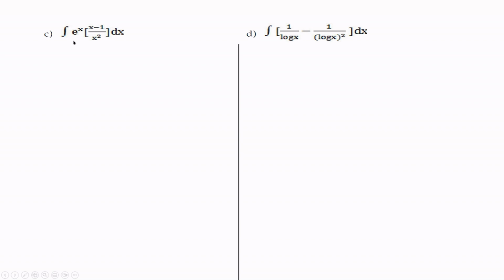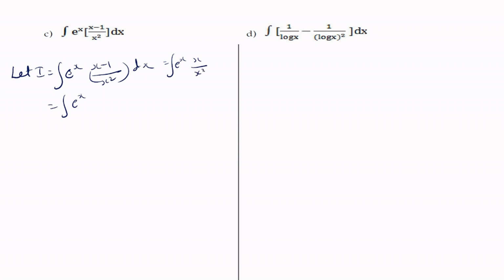Next question, integral e raised to x into x minus 1 upon x square dx. So here let us take I is equal to integral e raised to x into x minus 1 upon x square dx. So this is e raised to x into, here we have x by x square minus 1 by x square dx. So x by x square is 1 by x minus 1 by x square dx.